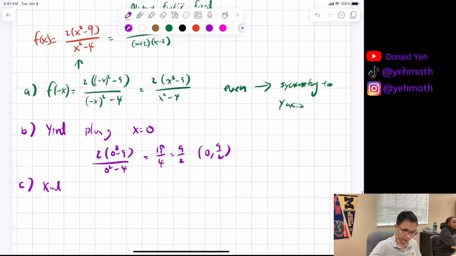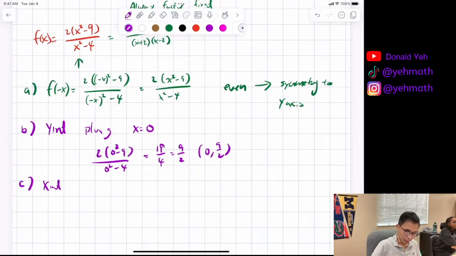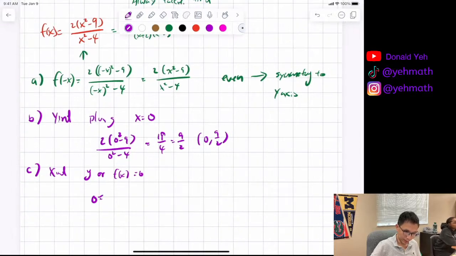X-intercept. What is x-intercept? Well, that means f of x, or y, equals 0, because y is f of x. So 0 is equal to 2 times x squared minus 9 over x squared minus 4.